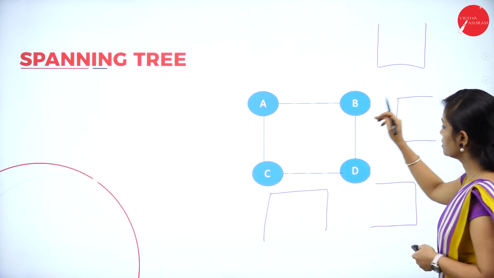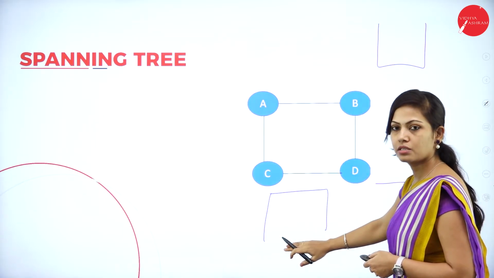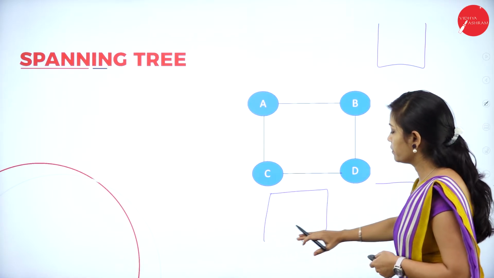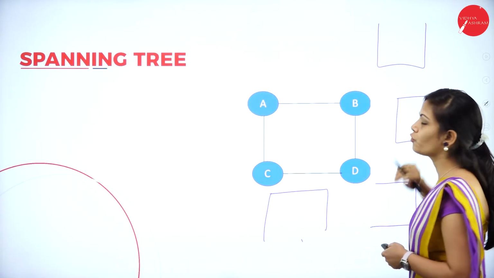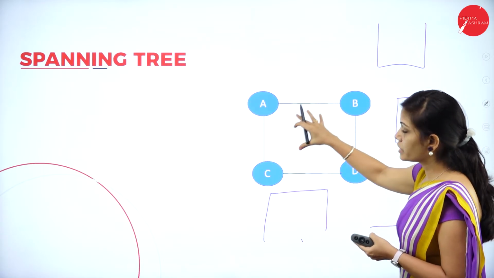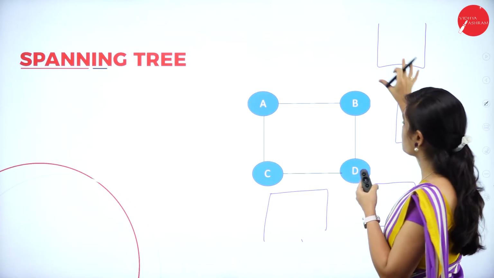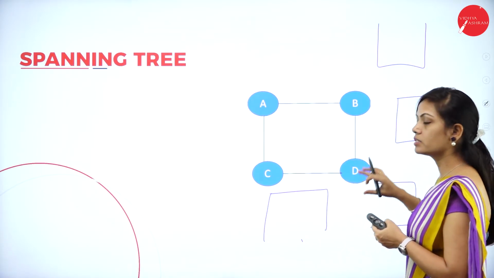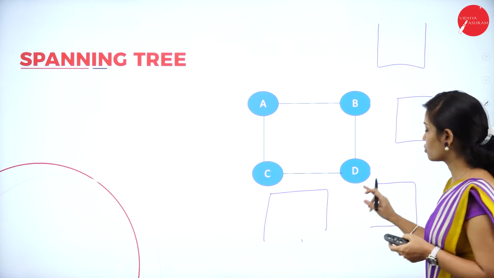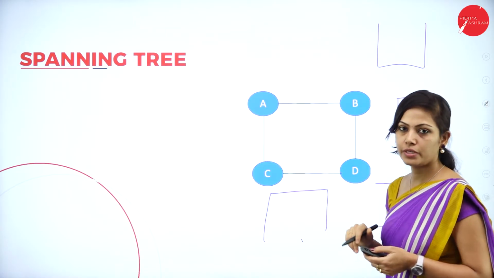Everything I have covered, right? So in the first tree, I have removed this edge. In the second one, I have removed this, then the third one and the fourth one. So for this graph, I got 4 spanning trees. Is it clear? So a spanning tree means it does not have any cycle.